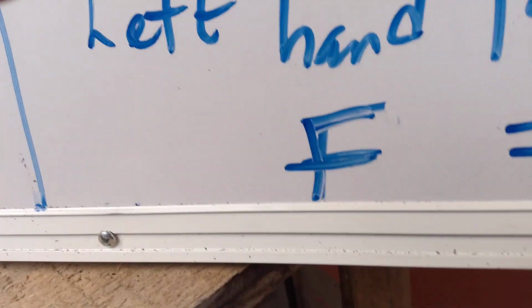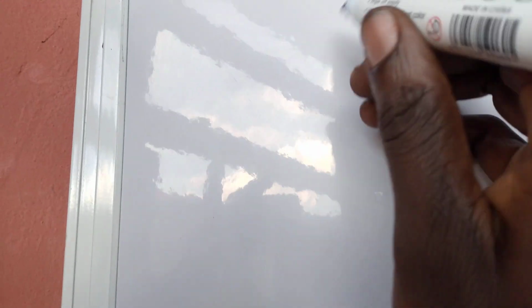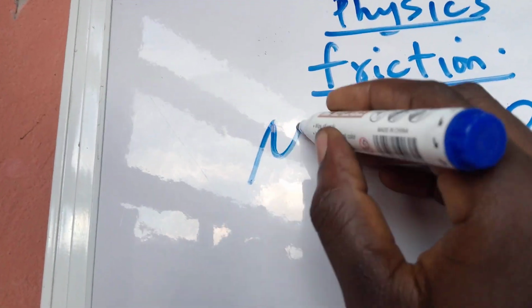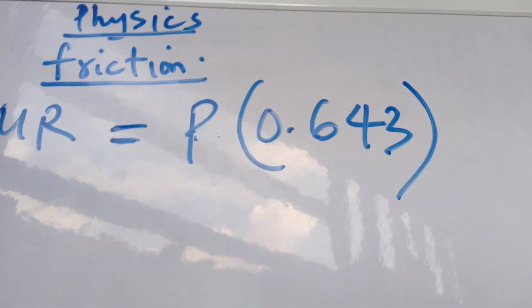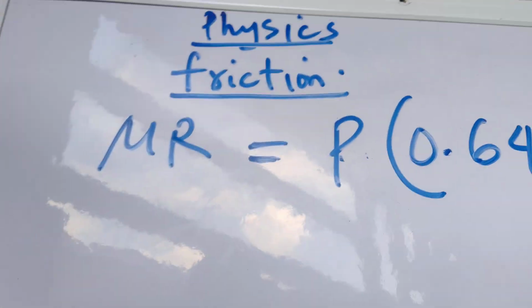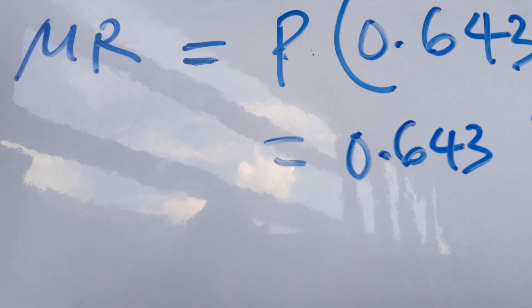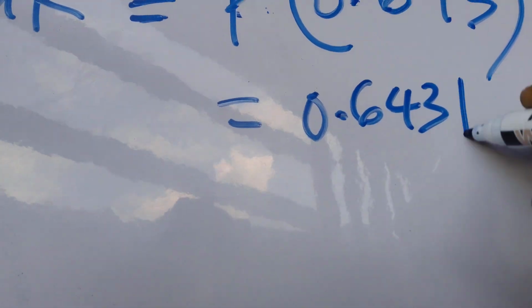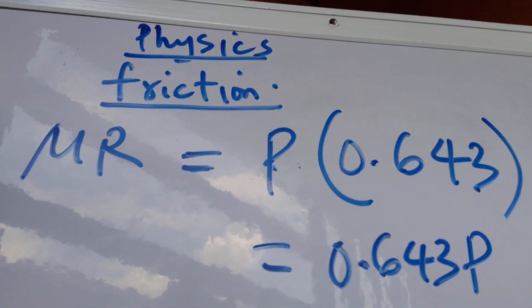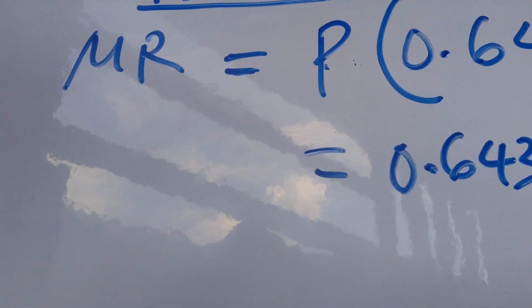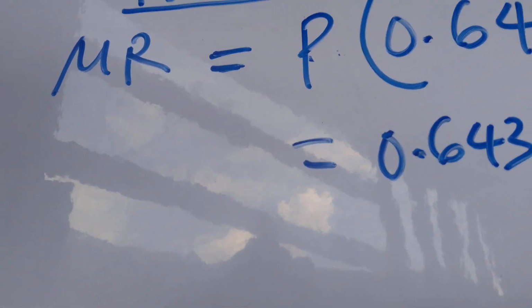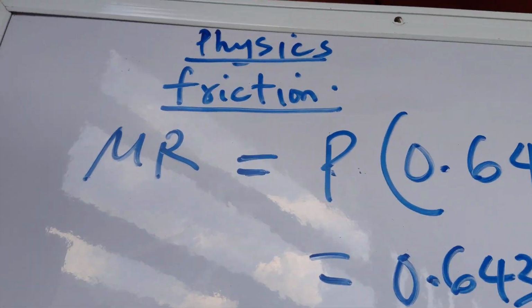Now the value of friction force F is mu R. This is mu R equal to P times 0.643, which gives 0.643 times P. The value of R is unknown, and the value of mu, we had mu at 0.5.